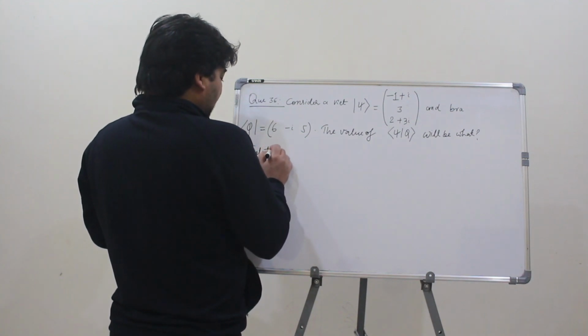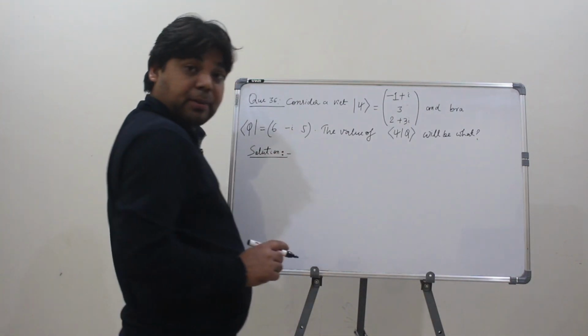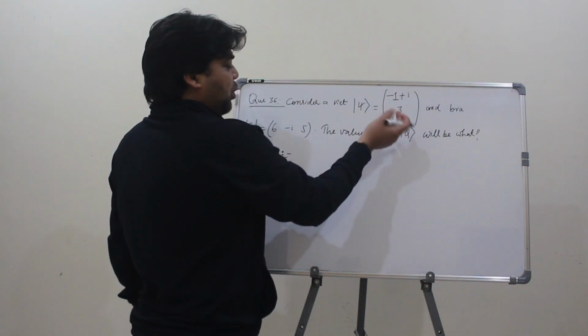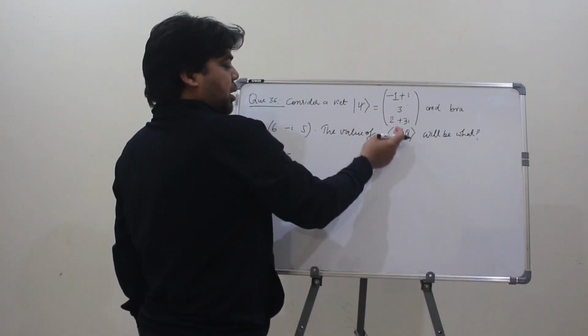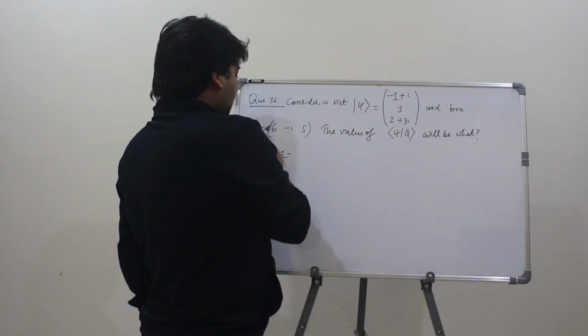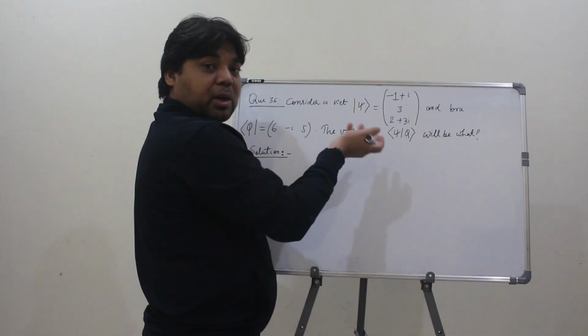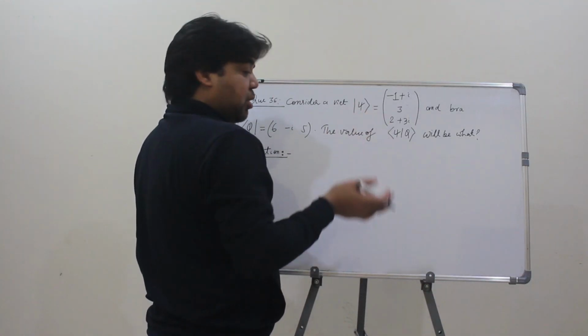If similar types of problems are asked in the exam, how will we solve them? So you see, this is a ket, this is a bra. Here it is a bra and here it is a ket. So to calculate the corresponding bra and ket of each other, you will have to take the Hermitian conjugate.